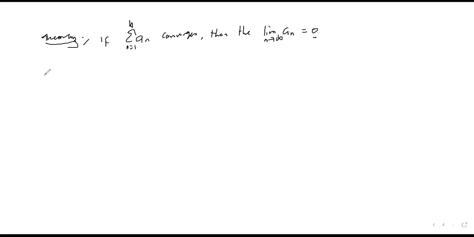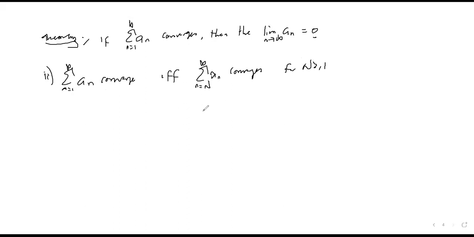Then the second version says, well, the sum as n goes to infinity of an is going to converge if and only if, a very serious condition, this sum that runs from the capital M to infinity of an converges, where n is greater or equal to 1.